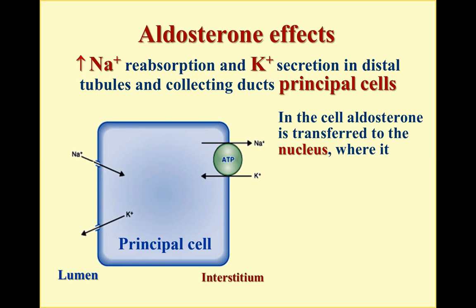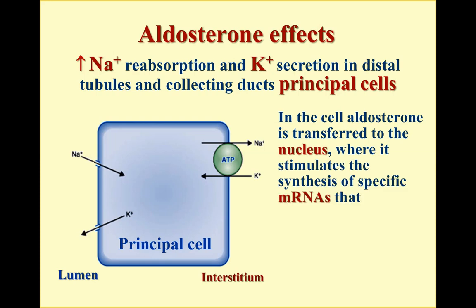Aldosterone is a steroid hormone, so it dissolves easily in membrane phospholipids, and it uses intracellular receptors. It binds to cytosolic receptors, but then the hormone-receptor complex enters the nucleus. Then it stimulates the synthesis of mRNAs, which finally activate the synthesis of new proteins.